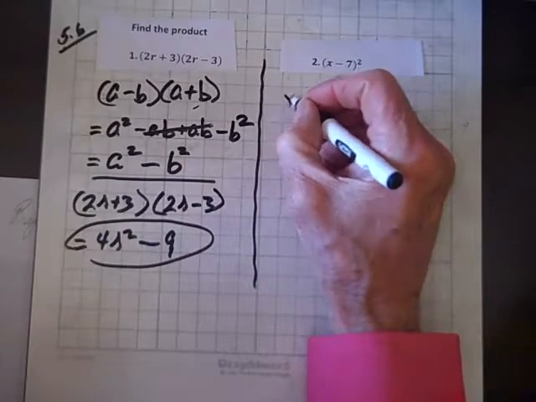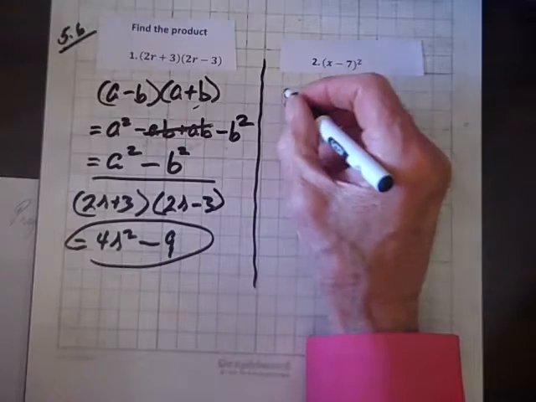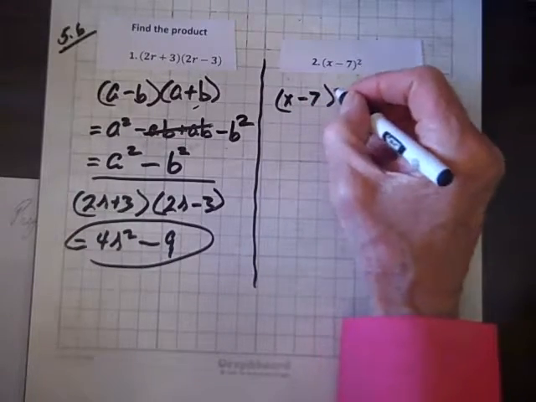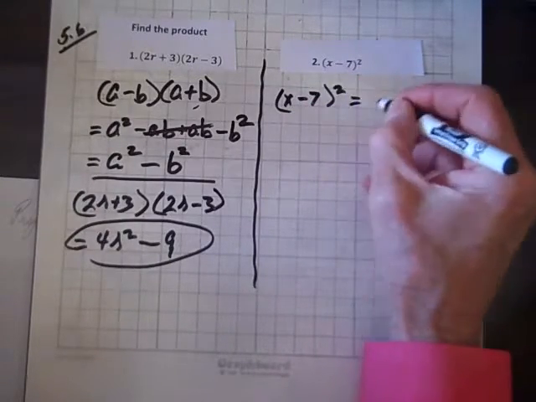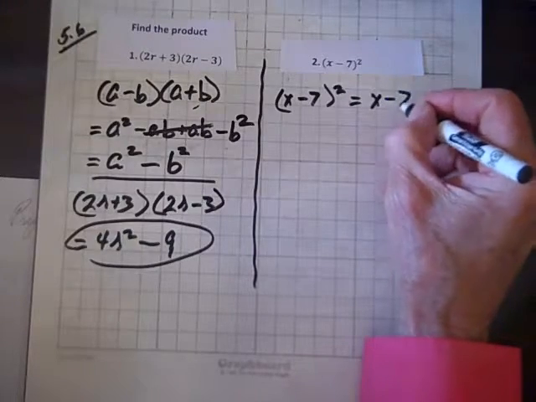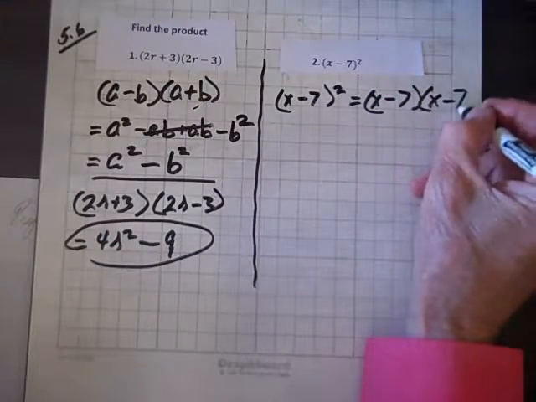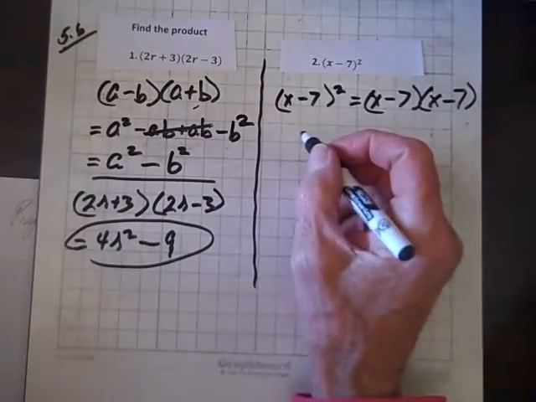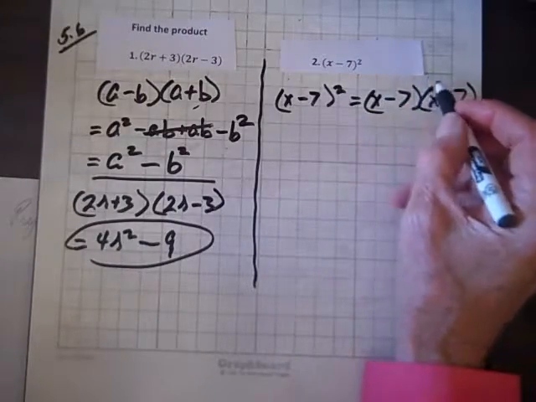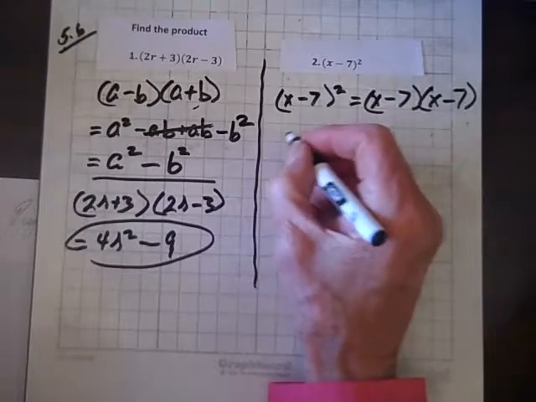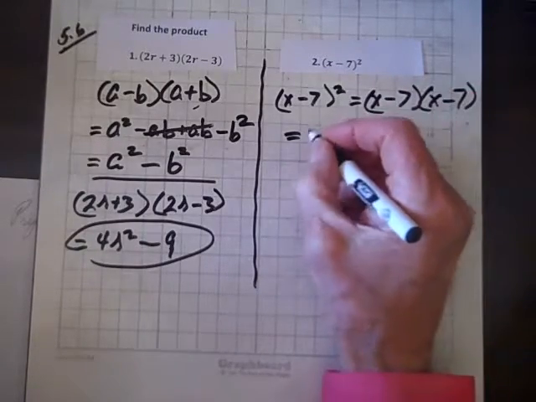Now, x minus 7 squared equals x minus 7 times x minus 7. So the product of the first two terms is x squared.